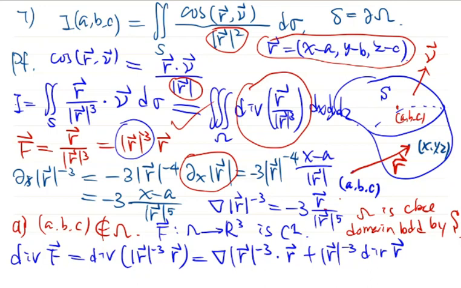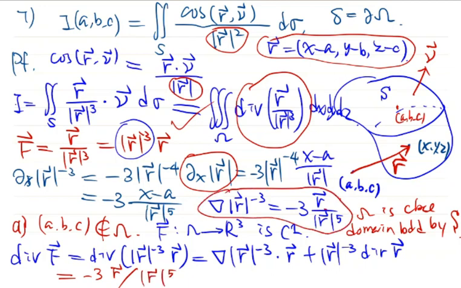And what's this? This is the gradient of the norm of R to the power minus 3, which is minus 3 R over the norm of R to the power 5. Okay, this is the result we just proved.